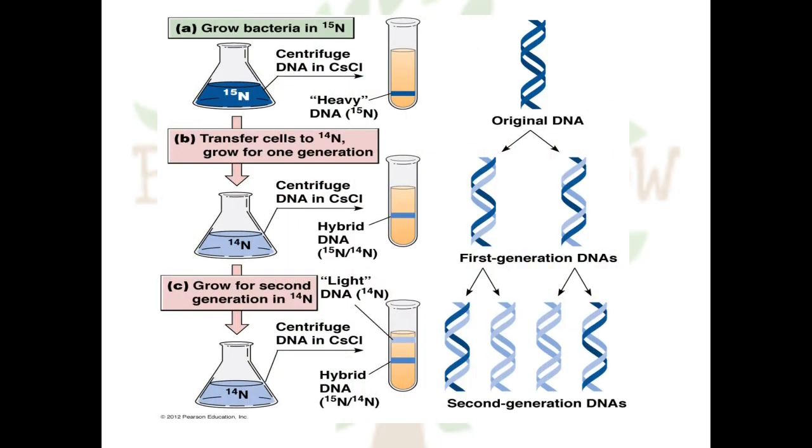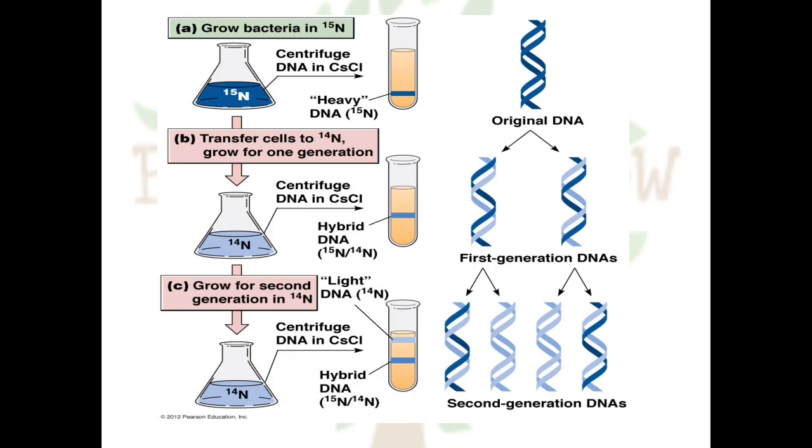So see the diagram. First, Meselson and Stahl grew bacteria in the heavy form of nitrogen. So you can see they obtained only one band of DNA, the original DNA. Then they transferred the cells to 14N for one generation.